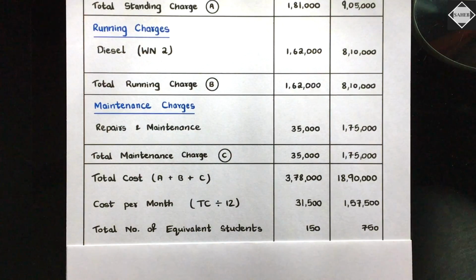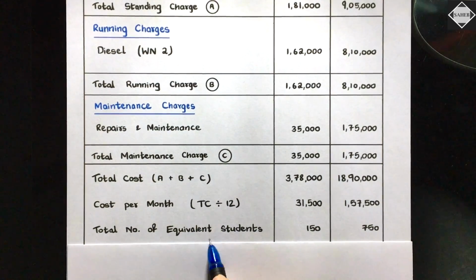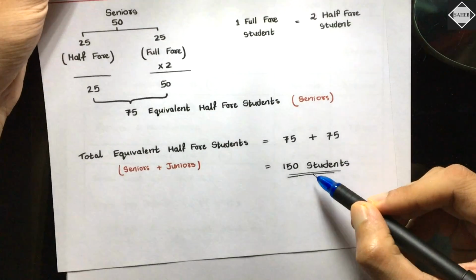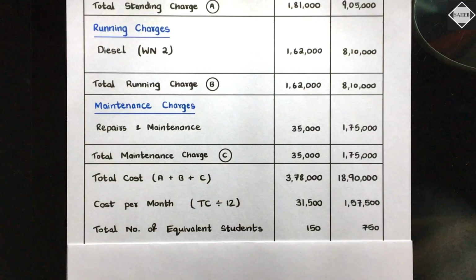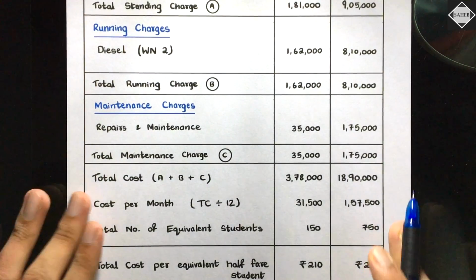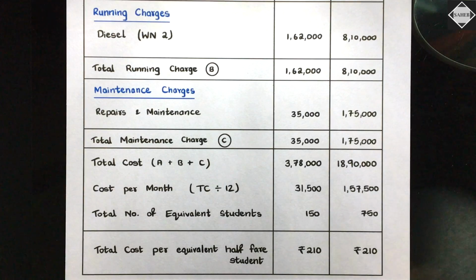So we got the total number of equivalent students, 150. That's what we divided: 31,500 divided by 150 is equal to the total cost per equivalent half fare student, 210. Is this clear? Did you understand this?